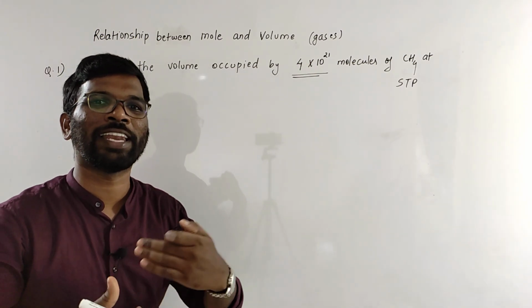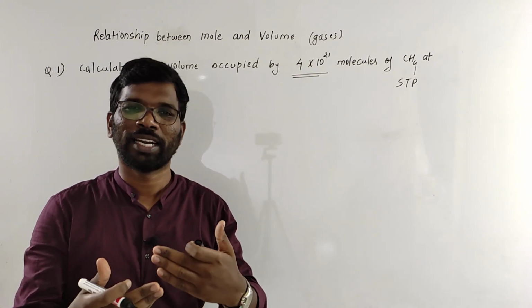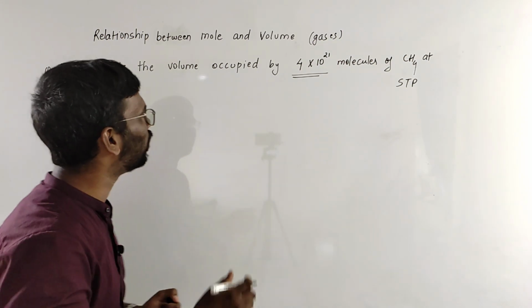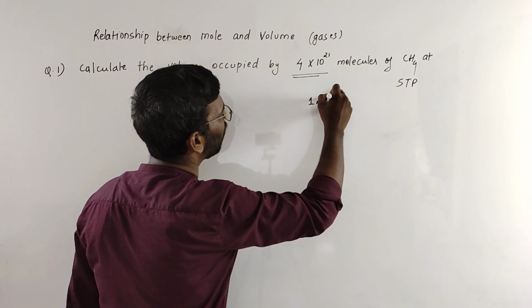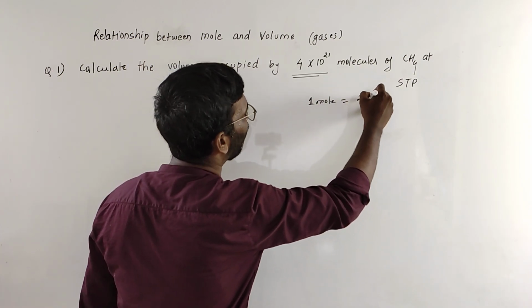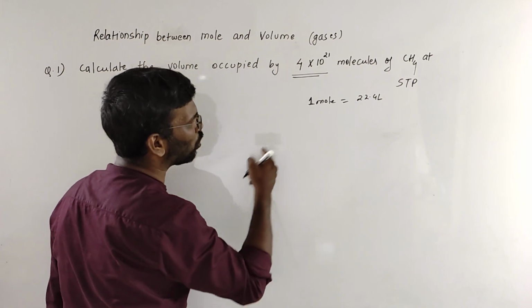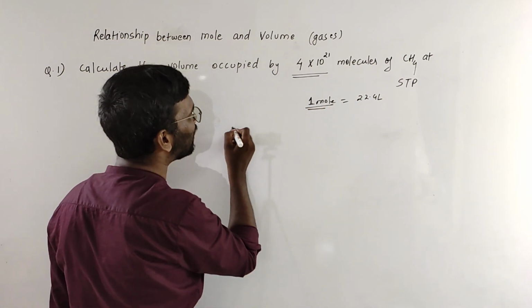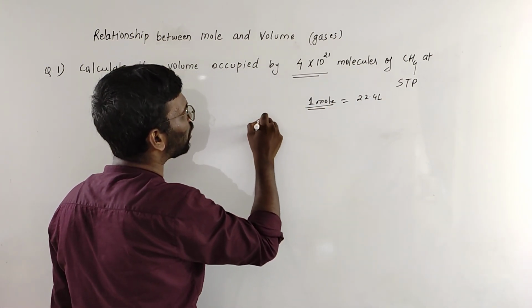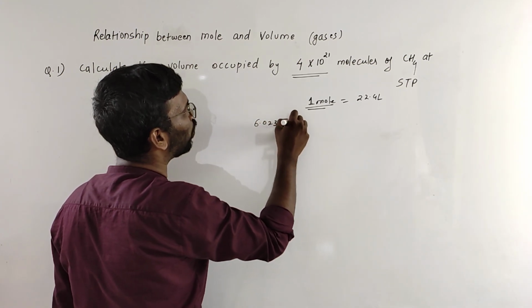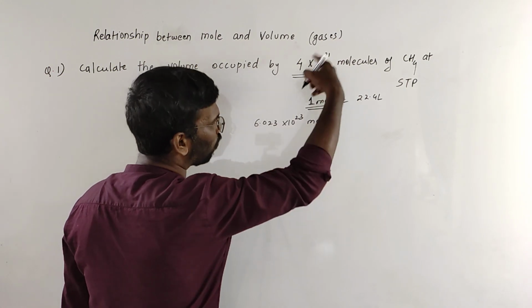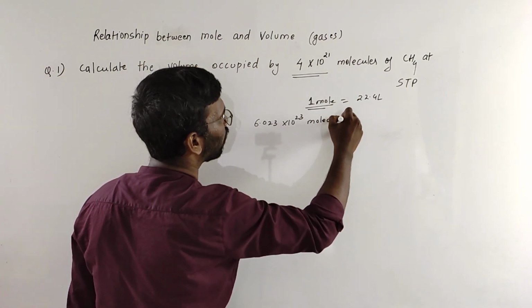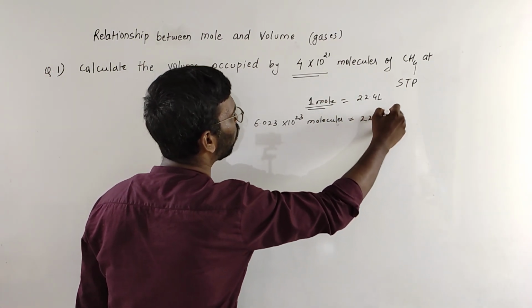So 1 mole of any gas occupies 22.4 liter. We have this relation, no? Can I also say that instead of 1 mole, 6.023 into 10 raised to 23 molecules of any gas will occupy 22.4 liter?